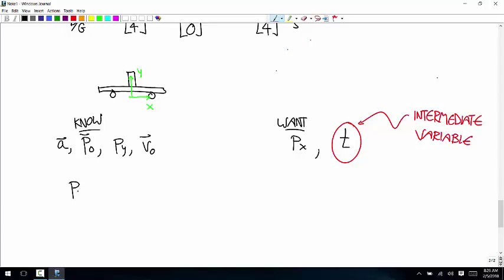So we'll go py is equal to p0y plus v0y t plus 1/2 ay t squared.